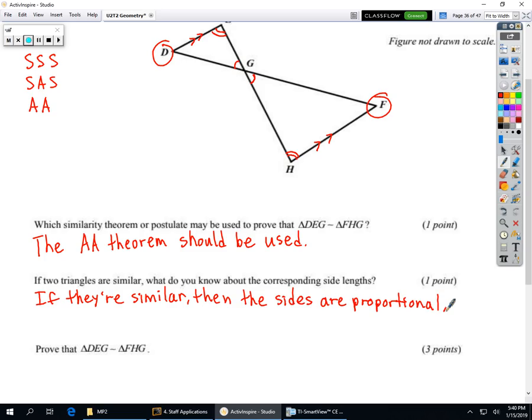Finally, we need to prove that these triangles are similar, and all we do is angle. So we mark these two as congruent, these two as congruent, and then we're good.